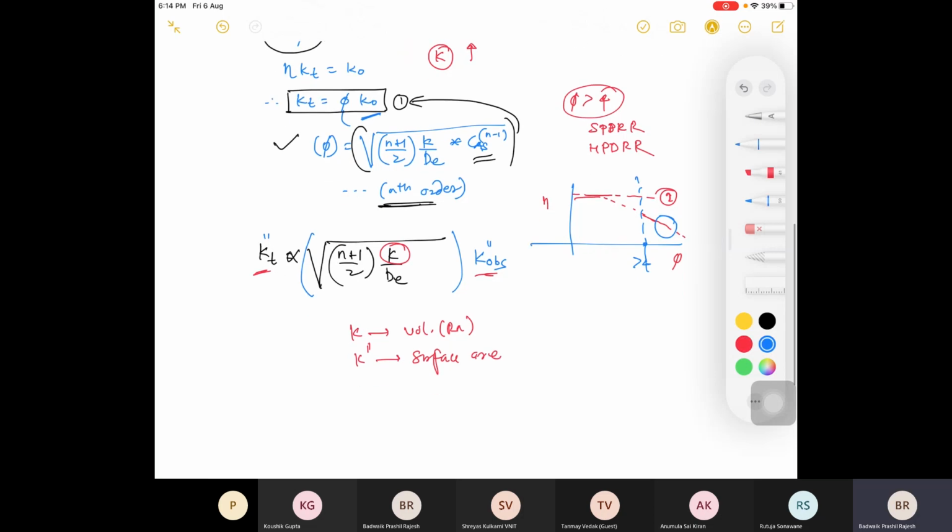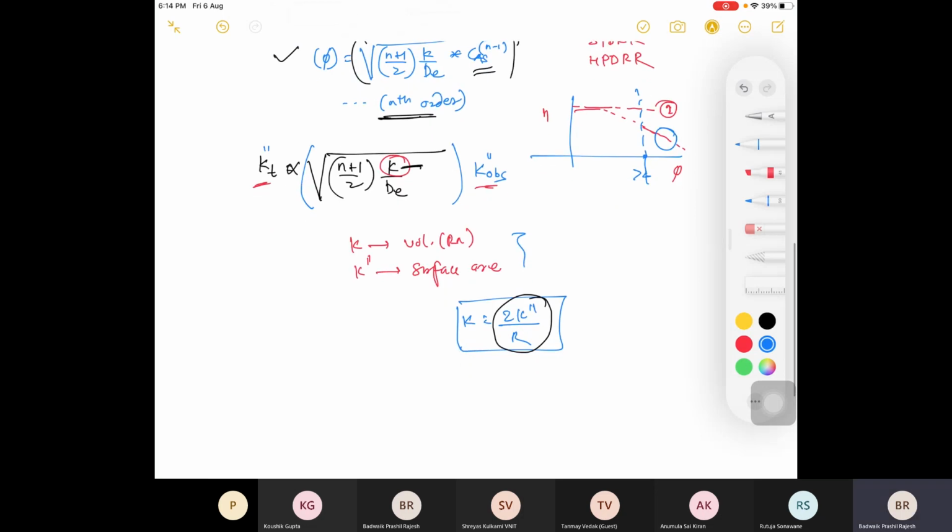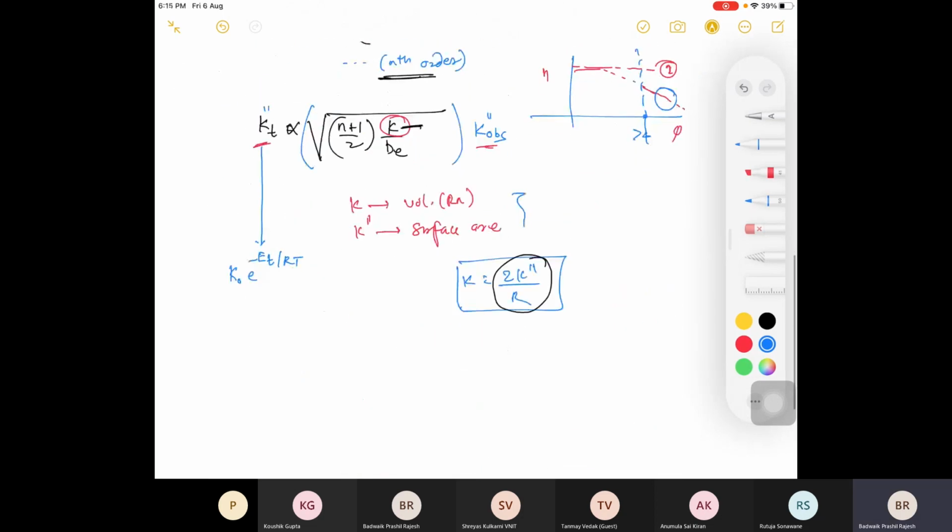And you know the relation between the two: K is equal to 2K double dash divided by R. Now please convert this K into the K double dash term. And write down K as K naught e to the power minus E true divided by RT, and K observed as K naught e to the power minus E observed divided by RT, and this K everywhere is double dash.